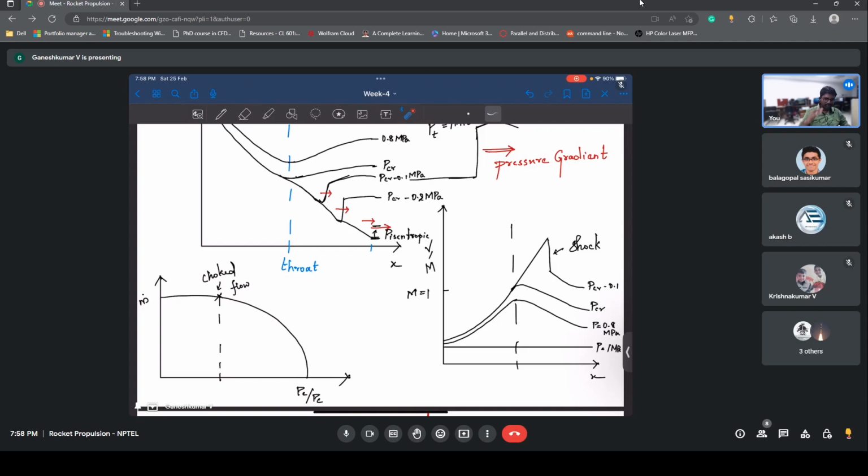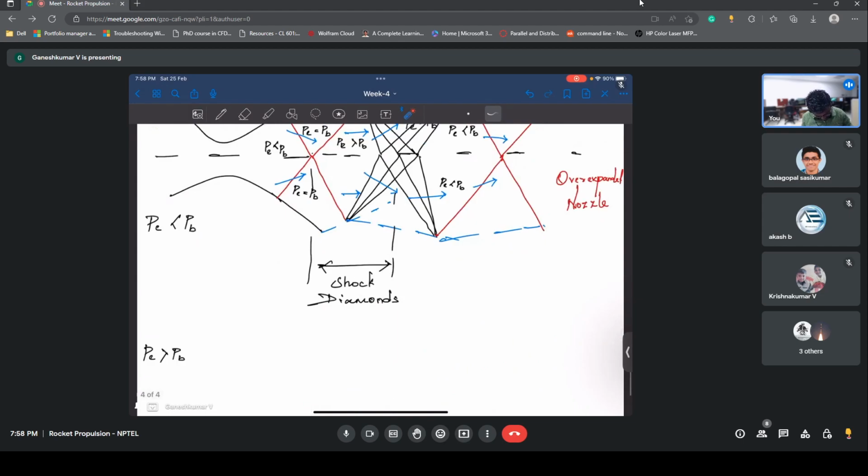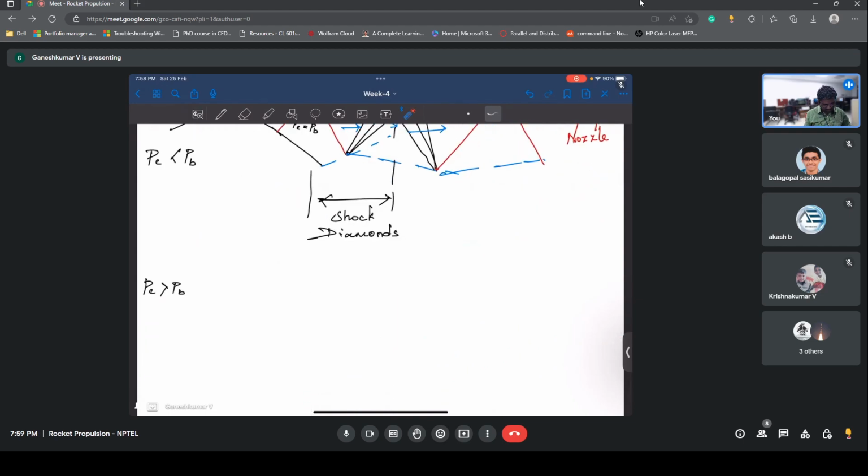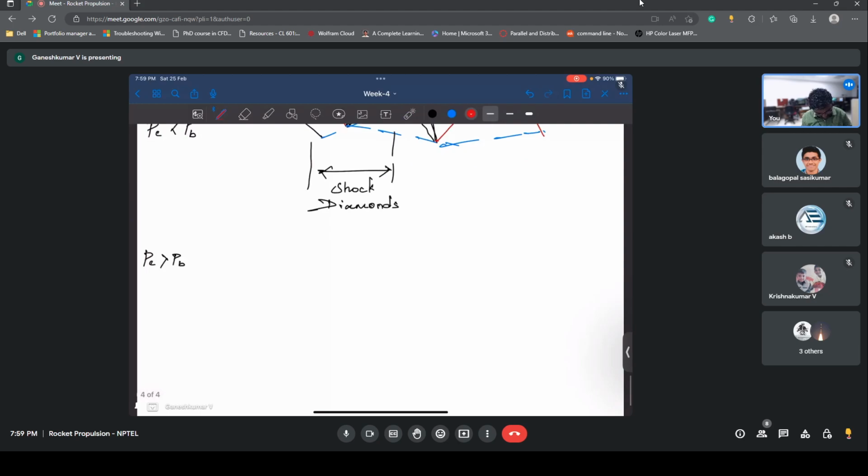Now let's say you reduce this pressure even below, till the x-axis. Then what happens is that P exit is actually greater than P back. Exit pressure is the gas pressure at the exit of the nozzle, which is greater than the back pressure.